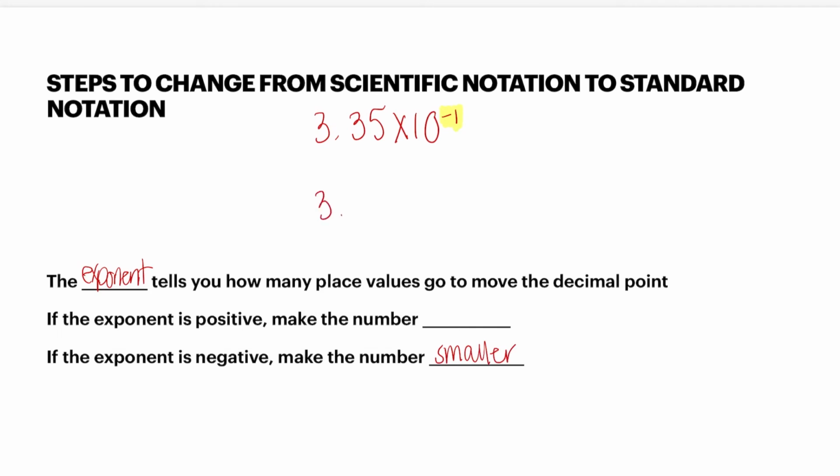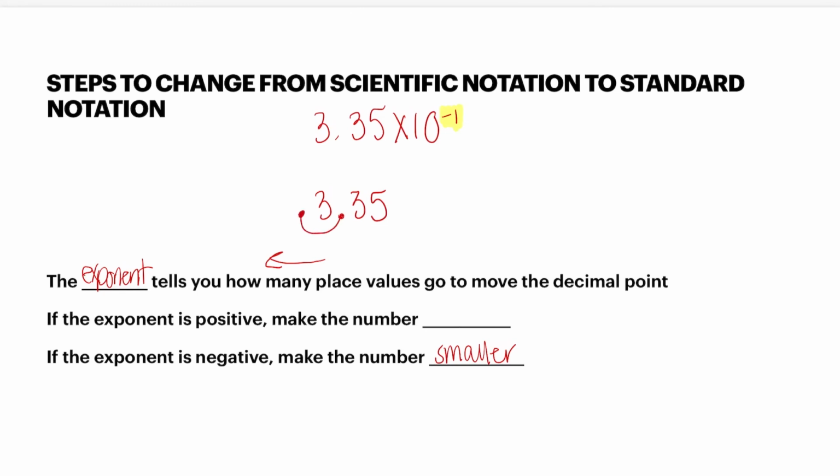So we're going to write our front number down, which is 3.35, and we're going to take a look at our decimal point. That decimal point only needs to move 1 time since our number is -1, but since it's negative, we're going to make our number smaller by moving the decimal to the left. So we're going to take that decimal point and move it 1 time.